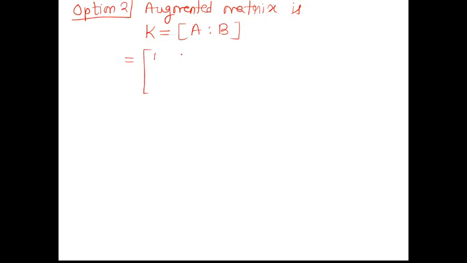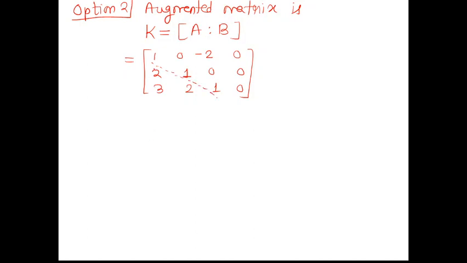So matrix A is 1, 0, minus 2, 0, and then 2, 1, 0, 0. Then next we have 3, 2, 1, 0. Now what we will do? We will reduce this into upper triangular form.